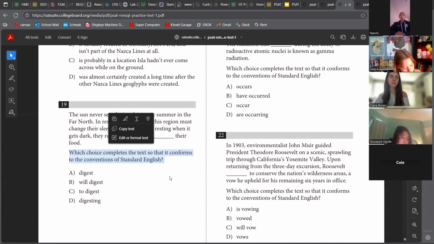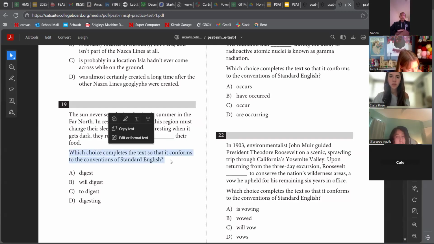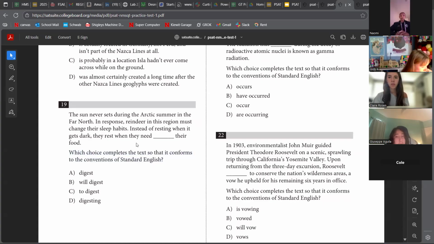So these ones will take a little bit more to figure out what the question's actually asking you to do, whether that's punctuation, verb agreement. So again, we can use our tips from before to look at what's changing in the answer choices. Obviously, read the question or read the sentence. When it says standard English conventions, you don't need to read the whole paragraph usually. I usually just skip to the sentence. So yeah, go ahead and start out with this one.